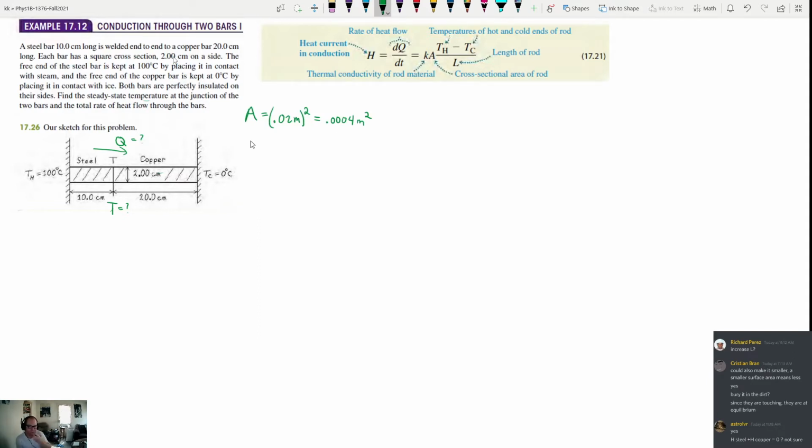H steel plus H copper equal to 0. Okay, I'll write that down. Let's see if that makes sense. So you want to say basically that if we take the heat transfer through the steel plus the heat transfer through the copper equal to 0.